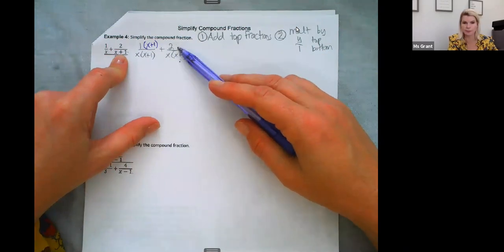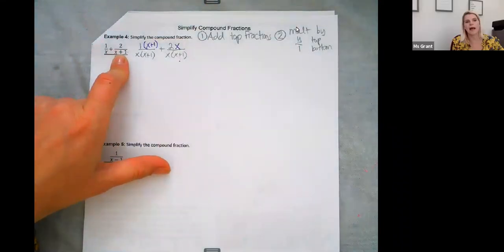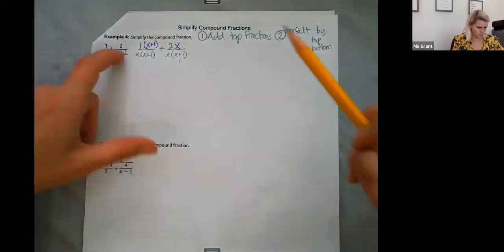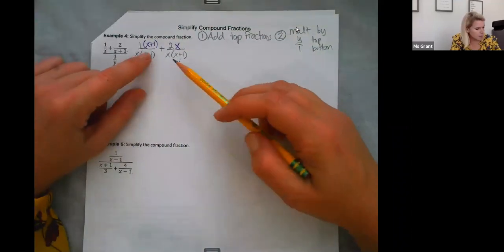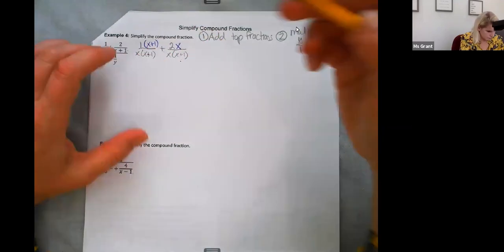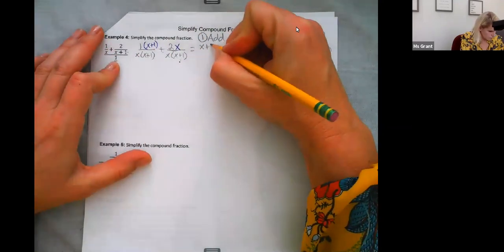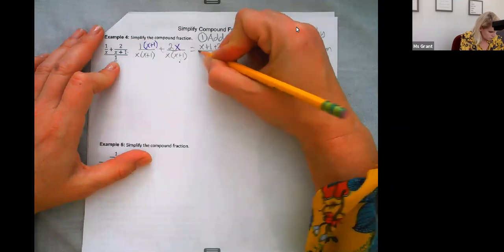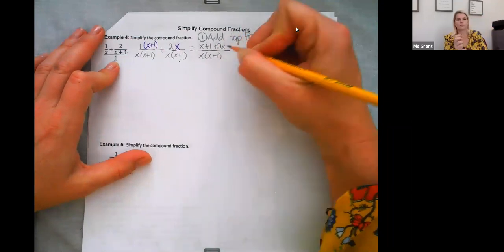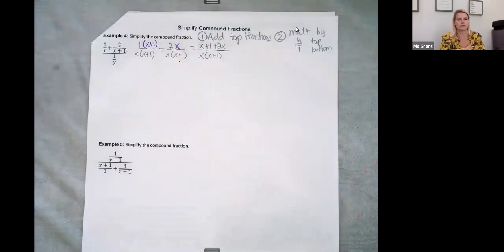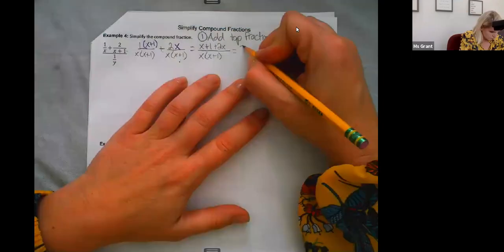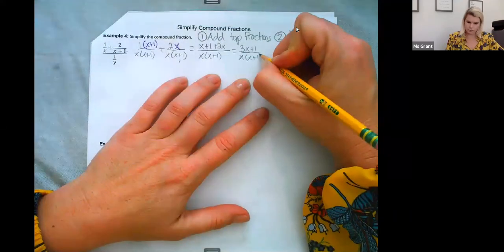What do I multiply the top by? x. Thank you. So now, let's add. The denominators are the same. x plus 1 plus 2x. Okay, 3x plus 1. Right?